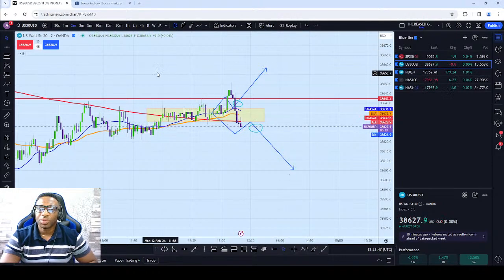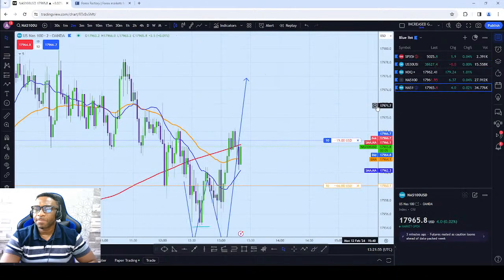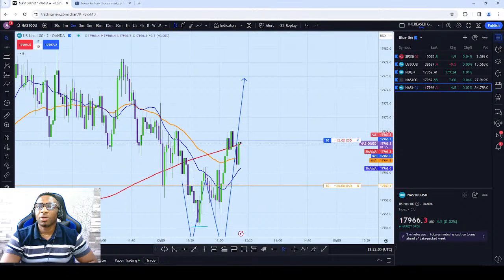So we'll see. Let's see NAS. Yeah, NAS also pulled back a bit, and it's now heading back up, heading back up as well.